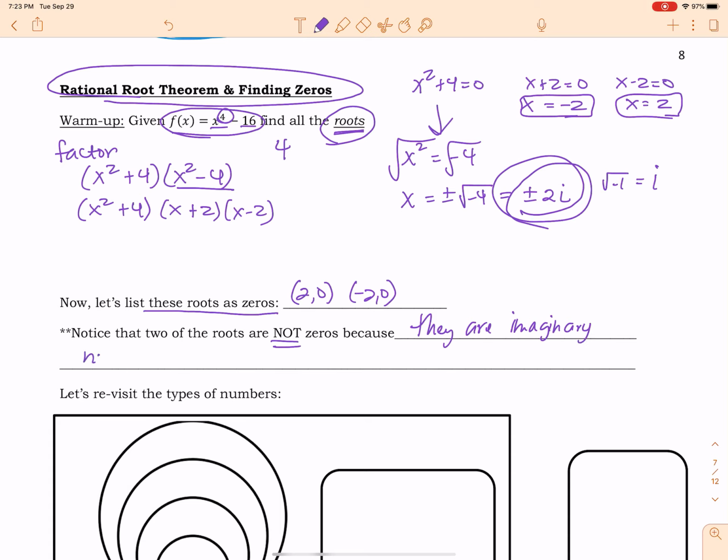They are imaginary numbers, and that means they don't cross the x-axis. That also means they don't touch the x-axis. Actually, I should have used the word intersection. That's better. They don't intersect.